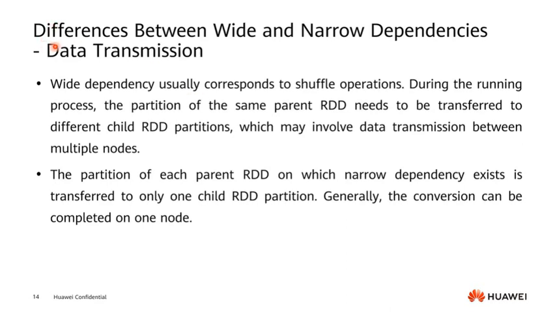Besides, for a wide dependency, the partition of the same parent RDD will be involved in the calculation for different child RDDs, which means it needs to be transferred to different child RDD partitions. This may involve data transfer between multiple nodes. In contrast, the partition of each parent RDD on which a narrow dependency exists is transferred to only one child RDD partition. Generally, the conversion can be completed on one node.